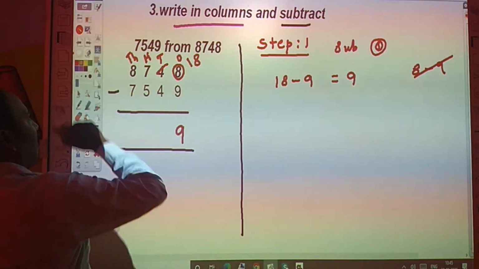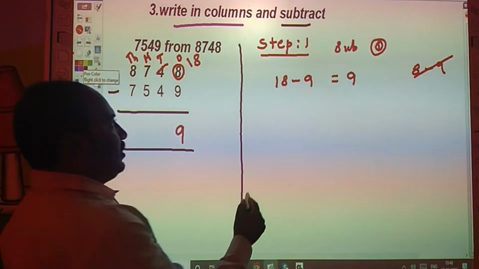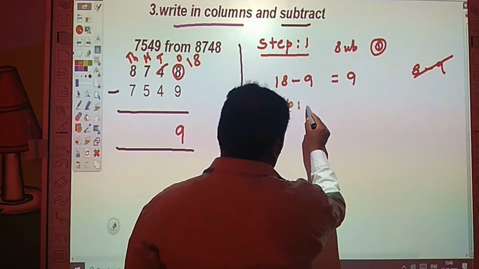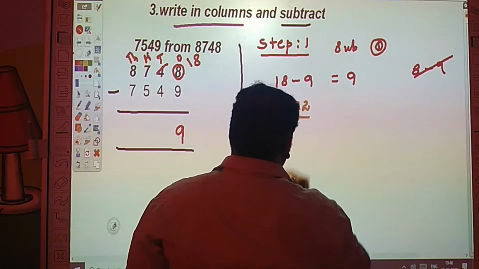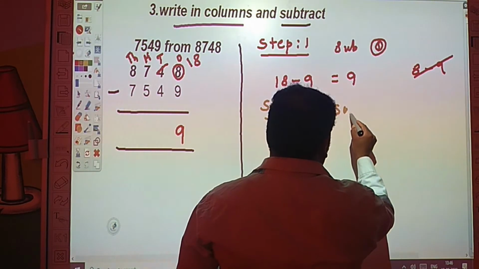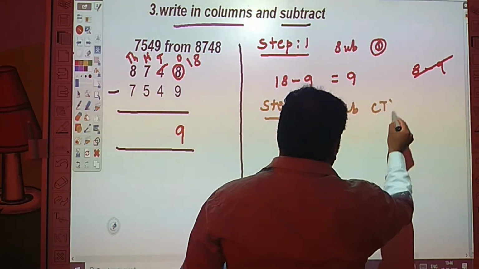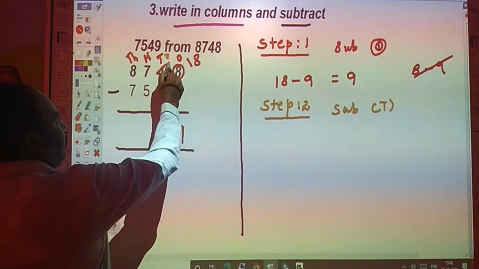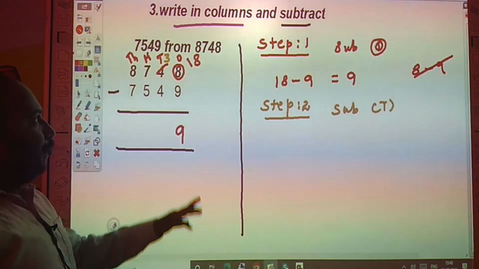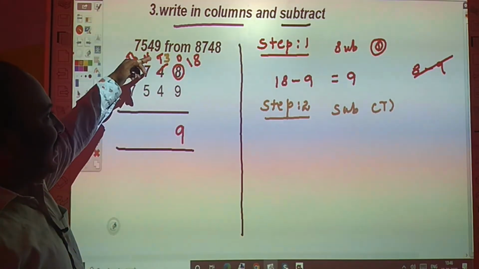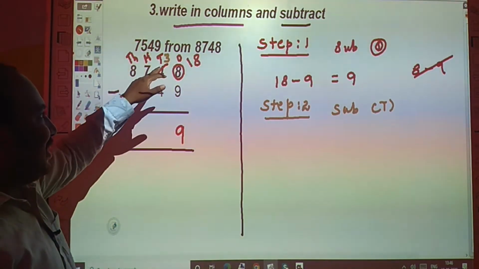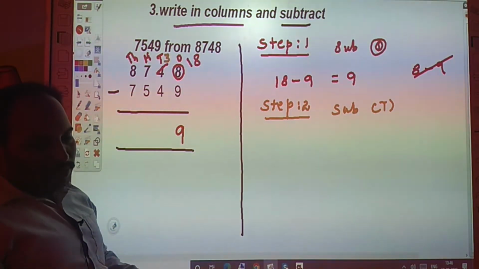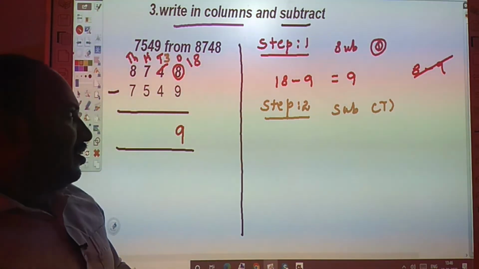Next we go to the tens place. Step 2. Subtract the tens place. Here our tens place, borrow 1 means 4 becomes 3. Here 3 minus 4 is not possible because 3 is the smaller number and 4 is the larger number.